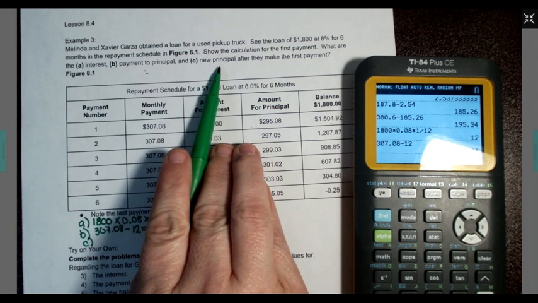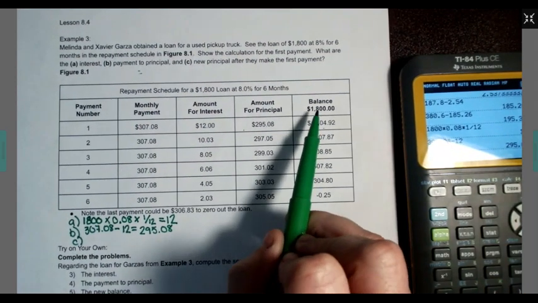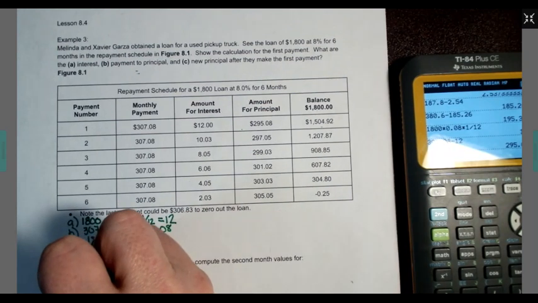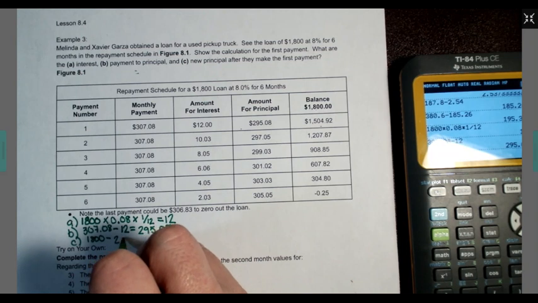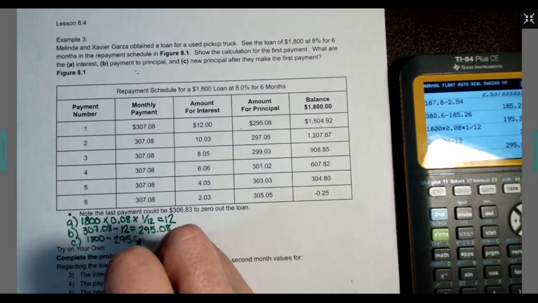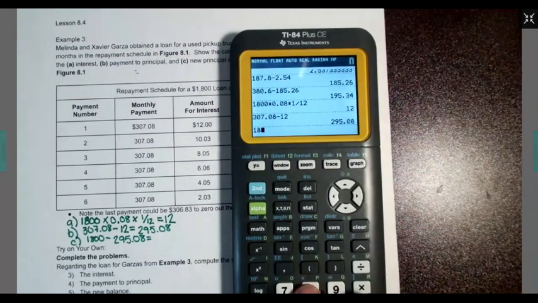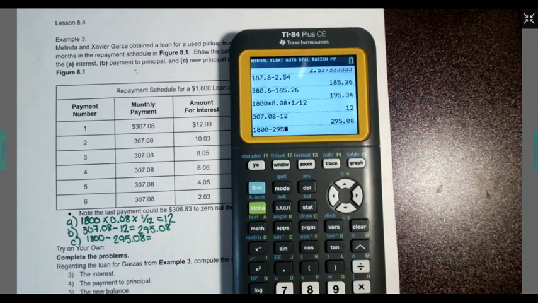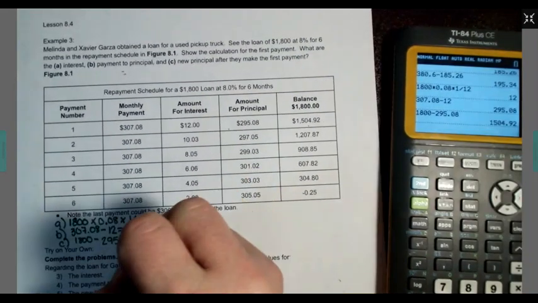C says, what is the new principal after they make the first payment? Well, we owed $1,800. Our payment to principal was this $295.08. 1,800 minus 295.08 gives me 1,504.92.